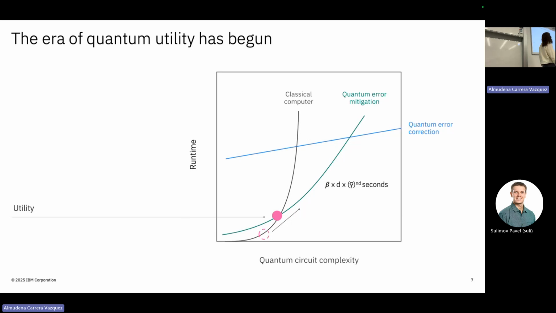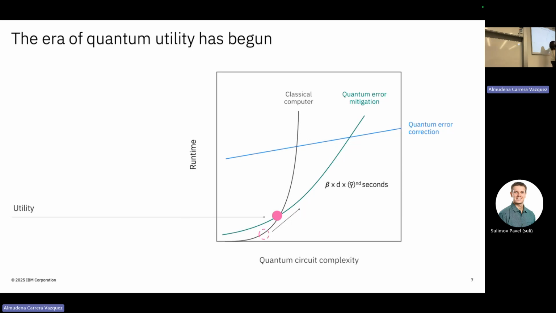So imagine that you have a problem for which you have a good quantum algorithm that performs, say, exponentially better than classical. Here you have the size of your problem, and here the runtime. Classically, for a very hard problem, you would expect the runtime to just grow exponentially. Now, with error mitigation, you have a very good quantum algorithm, but as the number of qubits increases, the noise increases, and the price that you need to pay for error mitigation becomes exponential.